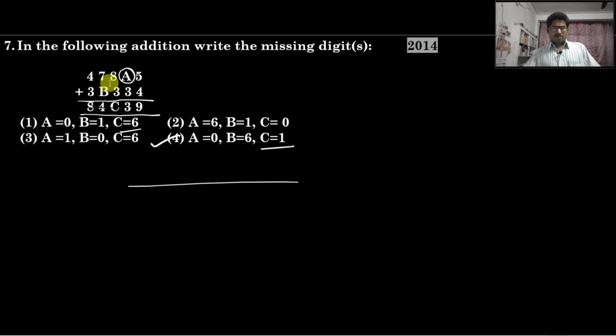No doubt at all. Here 1 will come, you may check, children. Here 1, 8 plus 3, 11, 1 carry, 1 plus 7, 8, 8 plus 6, in place of B, 6, 8 plus 6, 14. So B is equal to 6. In the first option B is equal to 1, so that's why the fourth option is correct.